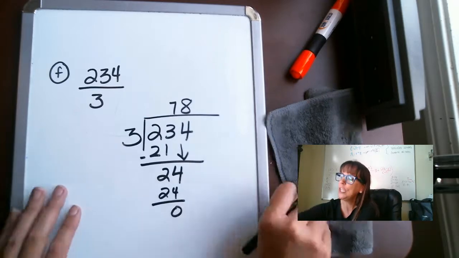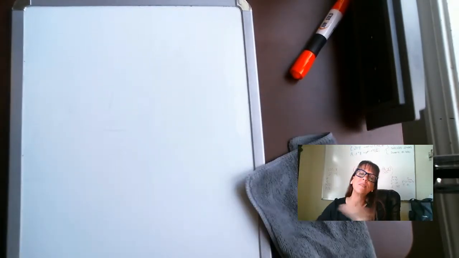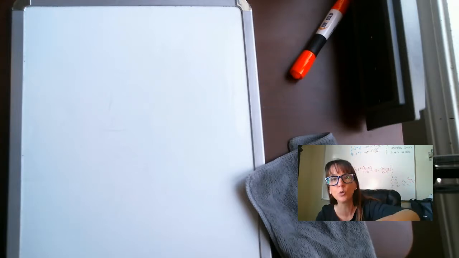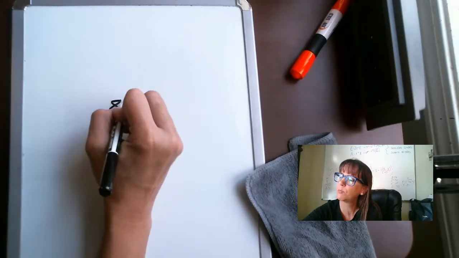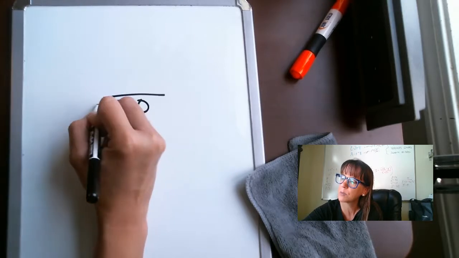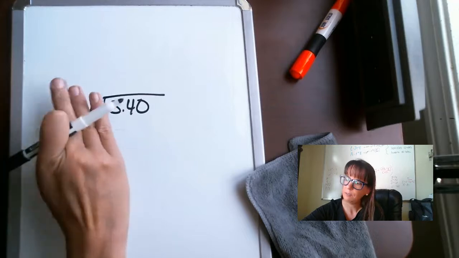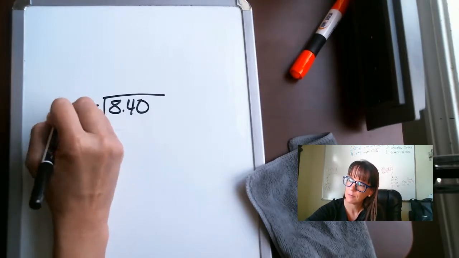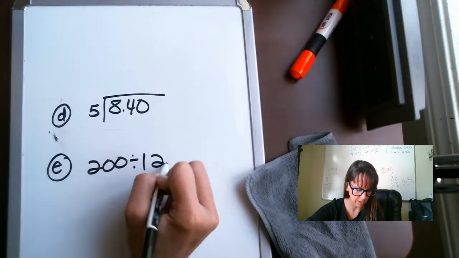Okay, for G, it says, which numbers are the divisors in problems D, E, and F? All right, so looking back at those, the divisors are what we're dividing into the big number, okay? So for D, where we had $8.40 divided by 5. For E, we had 200 divided by 12.